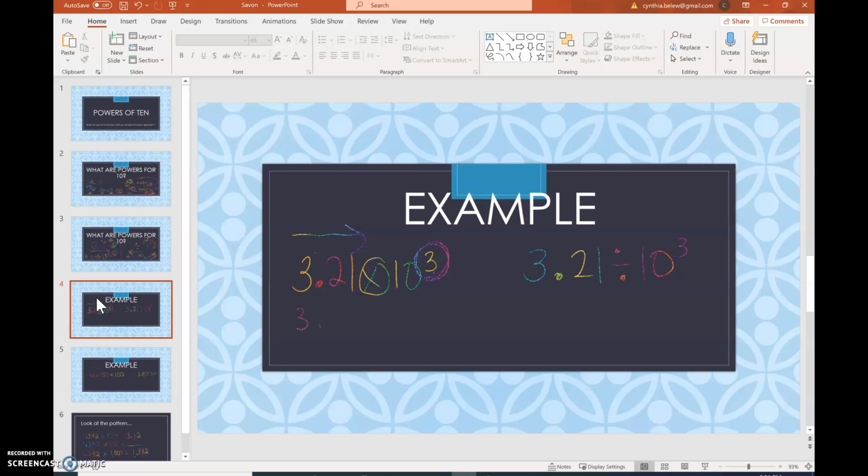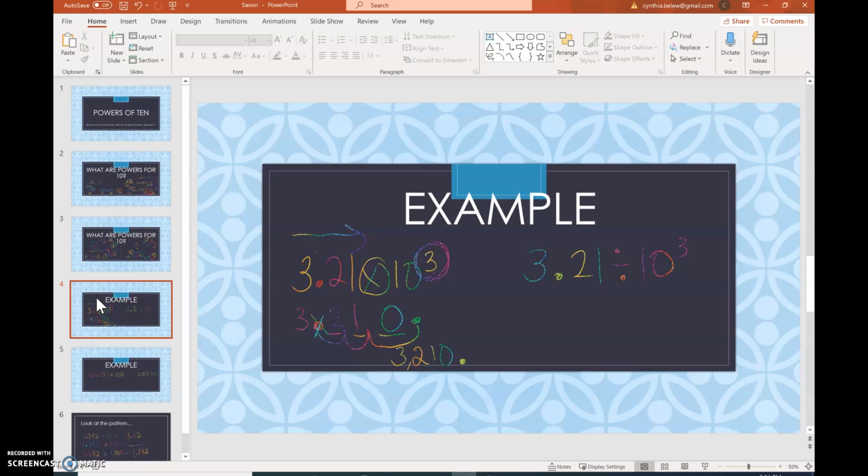So I have 3 and 21/100, and I'm just going to make 3 underlines past that decimal. 1, 2, 3. So it slides here, then here, then here. I can put a 0 there. That decimal is no longer there. It's now here. So I have 3,210. My decimal's there.